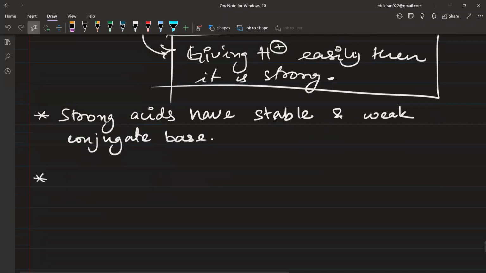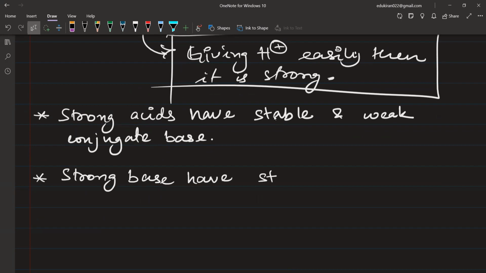Similarly, strong base have stable and weak conjugate acid.